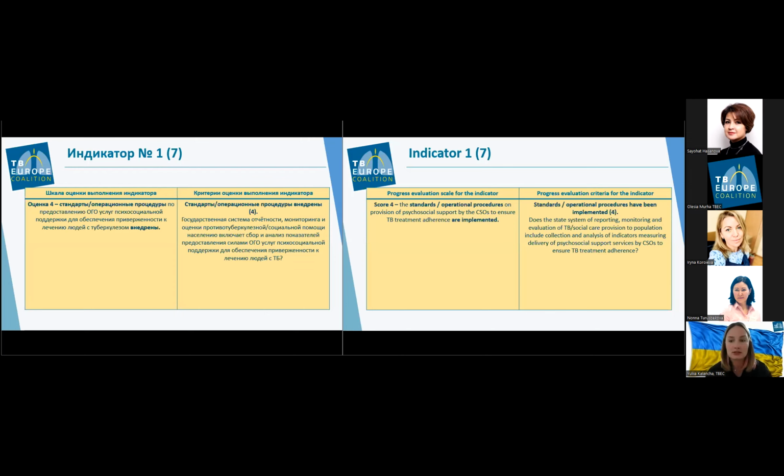And then we have two more indicators which answer the question where the social subcontracting is being implemented, because the next indicator is about social support, social follow-up, and about the active case funding of people with TB. So first indicator, we look whether the policies are implemented on the country level.